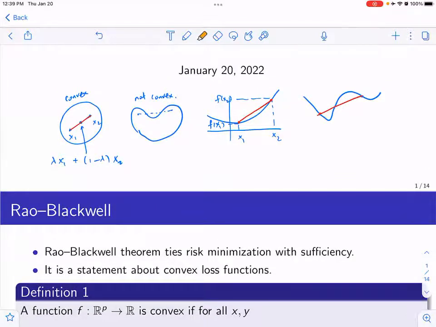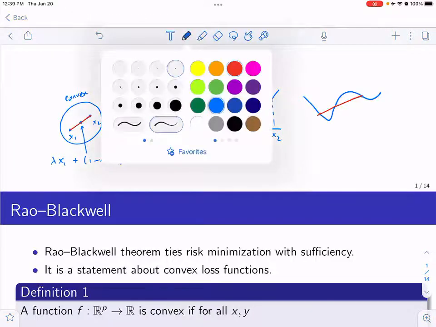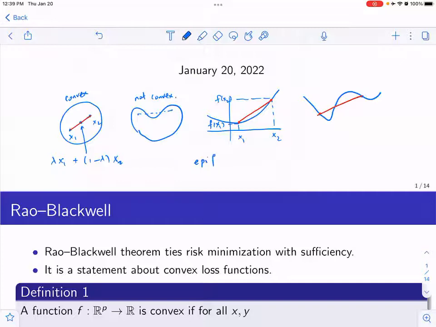Another way of connecting it is to connect back to the idea of sets. There's this thing called the epigraph of the function, which is the set of all the points that are above the graph. So the epigraph of a function is the set of all x and t, this works in general, such that t is bigger than f of x.